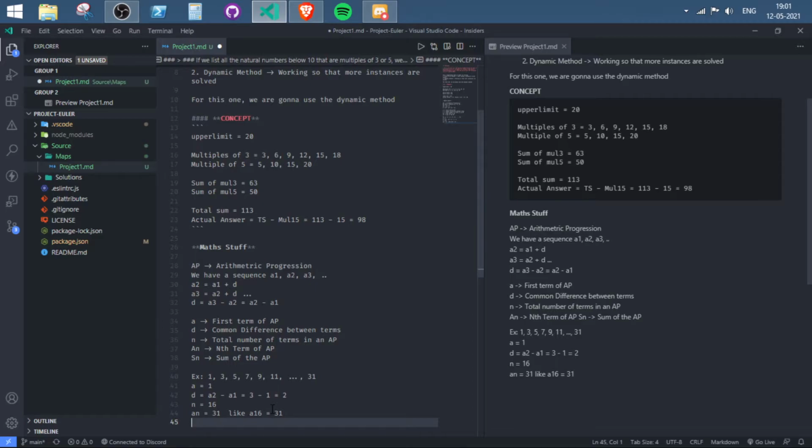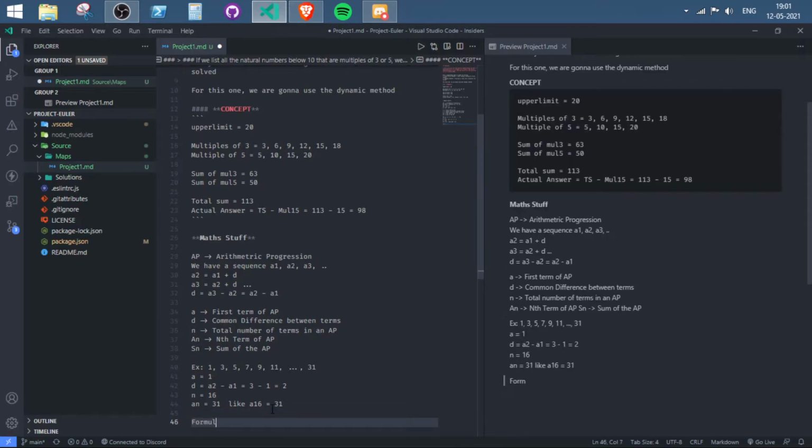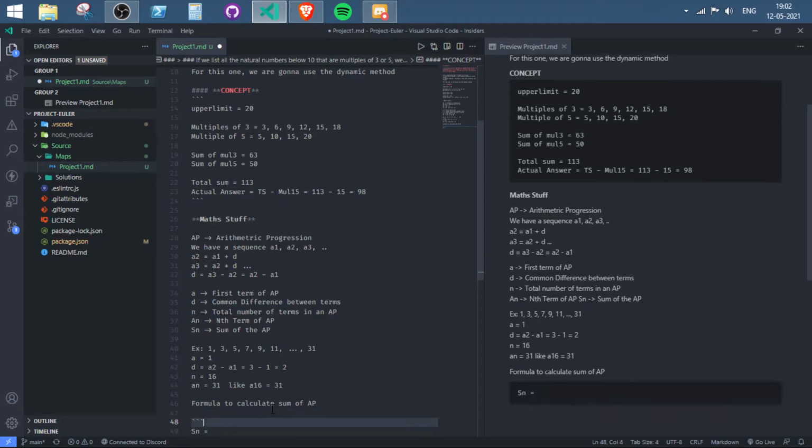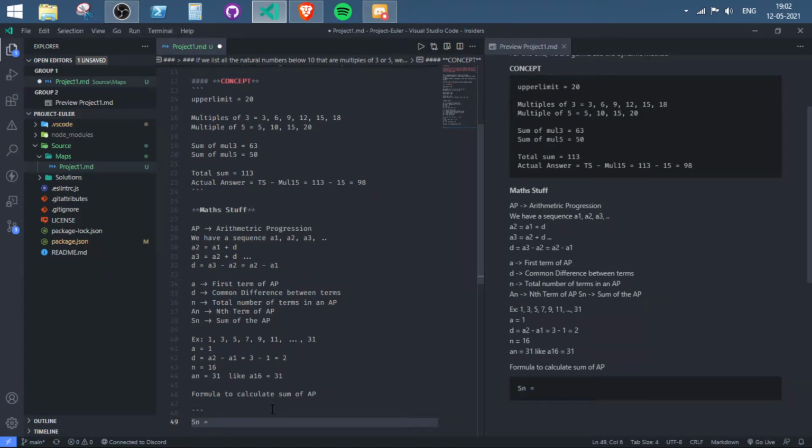Now there is a formula to calculate the sum of an arithmetic progression. There actually are two. So let's put it in a code block.